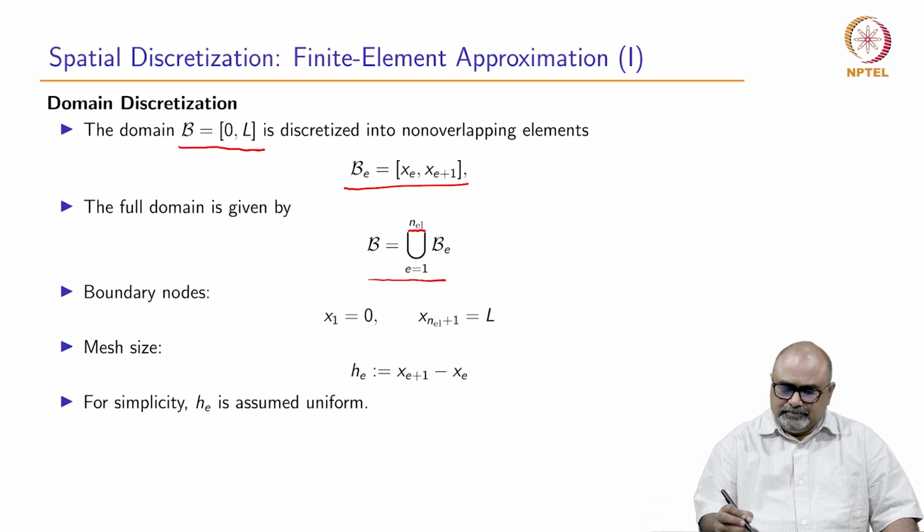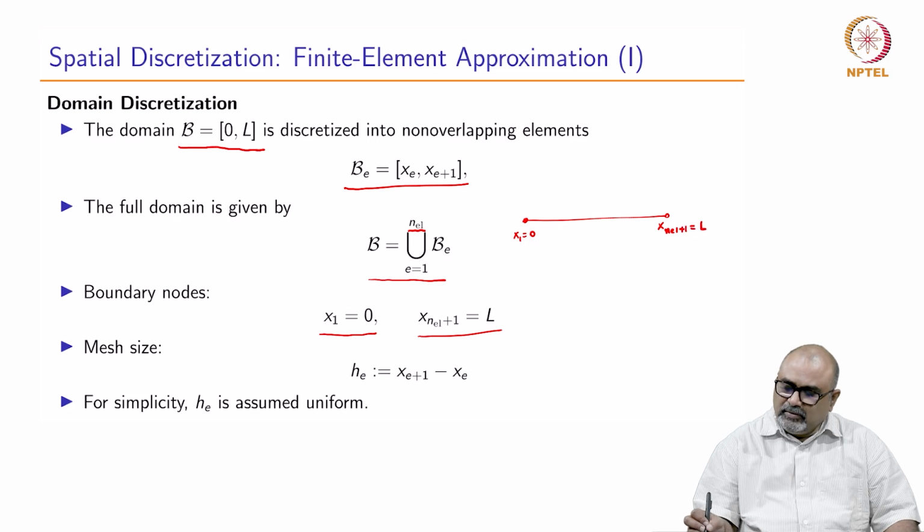The boundary nodes are at x1 equal to 0, and the two end nodes describe the domain, so x of NEL plus 1 will be equal to L, and then we are going to have several elements.